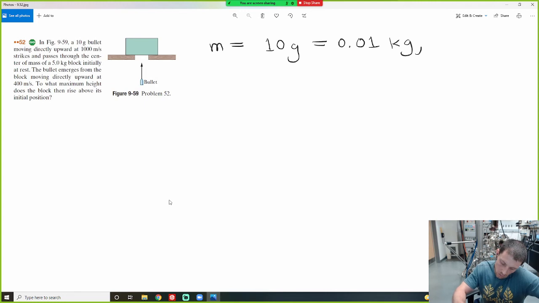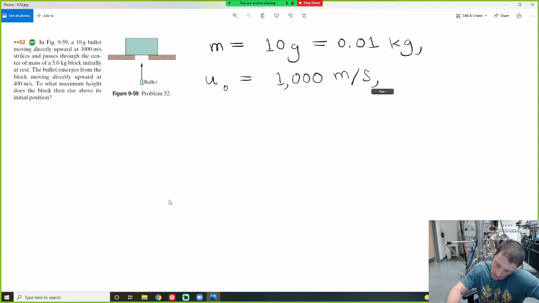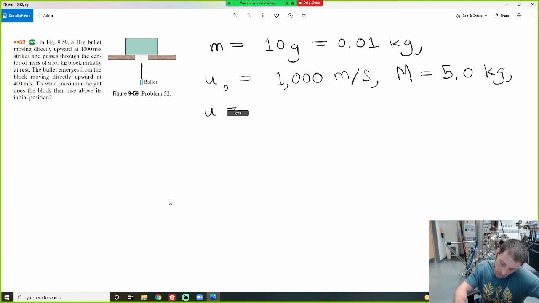so we'll say that u initial for the bullet is 1,000 meters per second. Okay, the mass of the block is big M, and that's 5 kilograms. And then we're told that the speed of the bullet after it passes through the block is 400 meters per second.